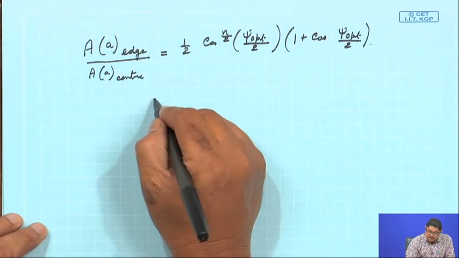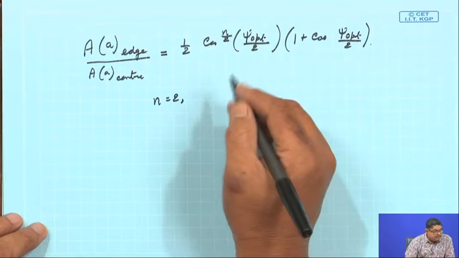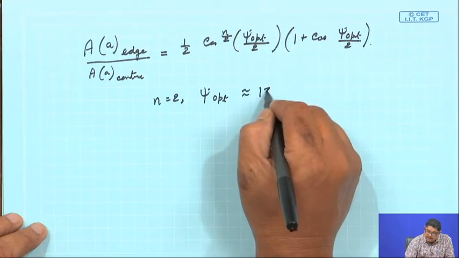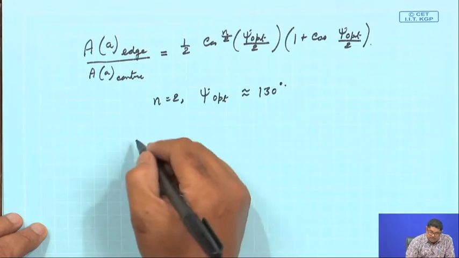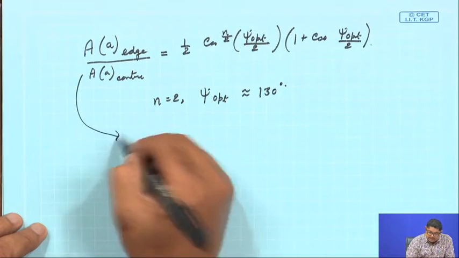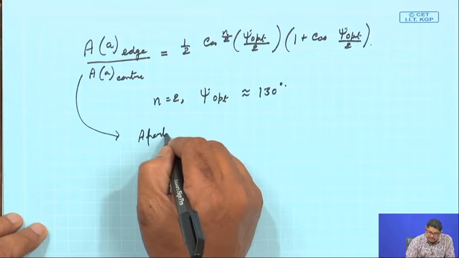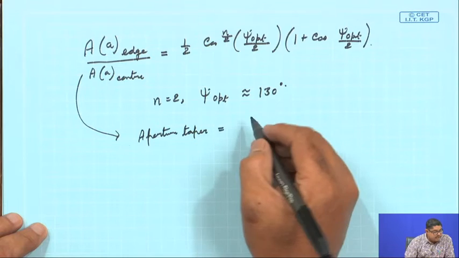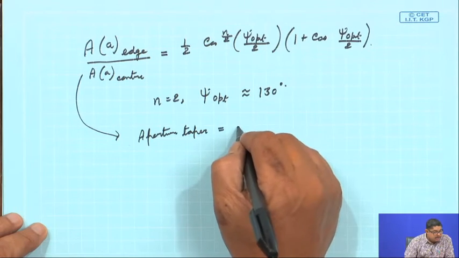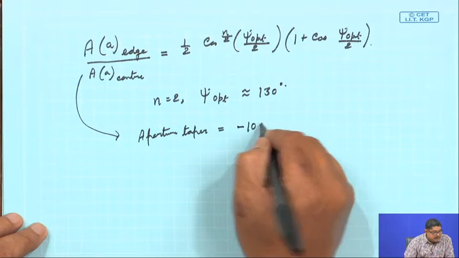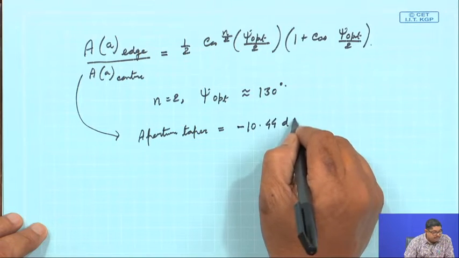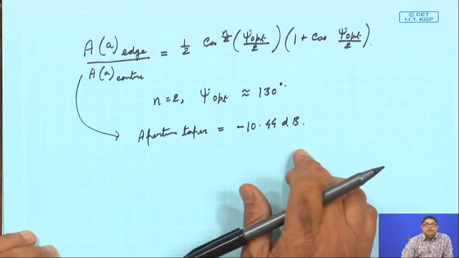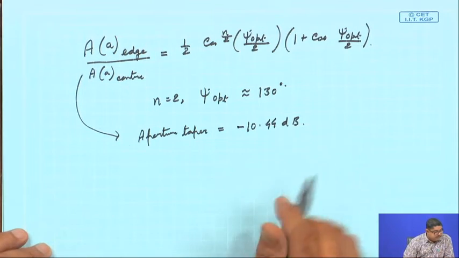So, for n equal to 2, from the graph we have seen psi opt is something like 130 degrees. So, we can say this one is called the aperture taper. That is, if you calculate, that will become minus 10.44 dB. Remember that for this aperture taper, to calculate this dB, we have taken 20 log, because this is a field.